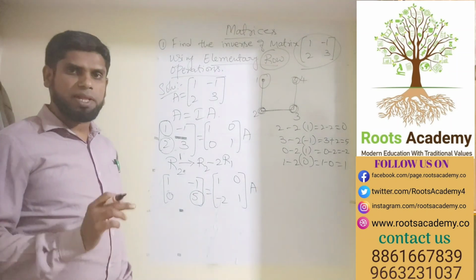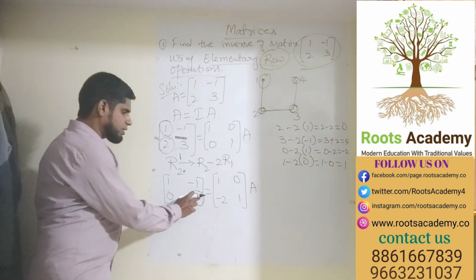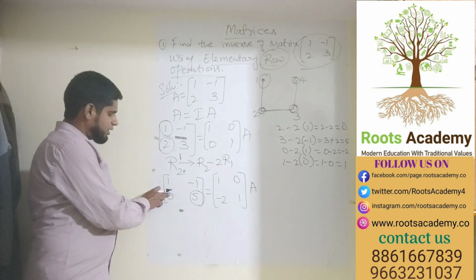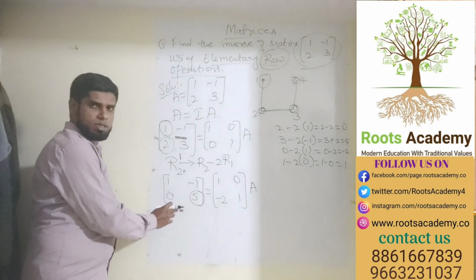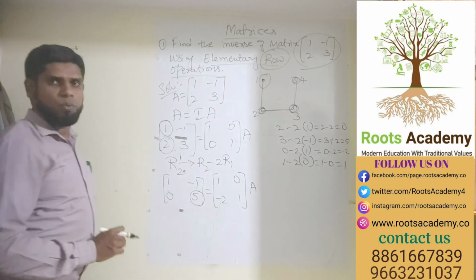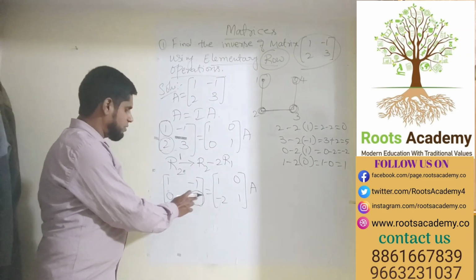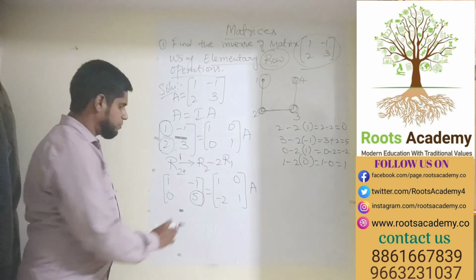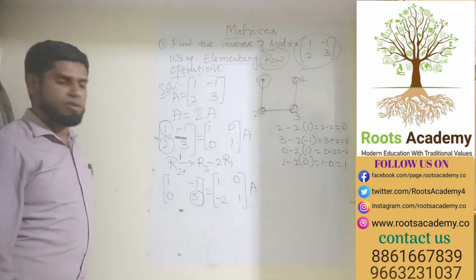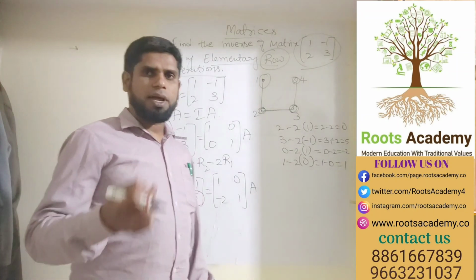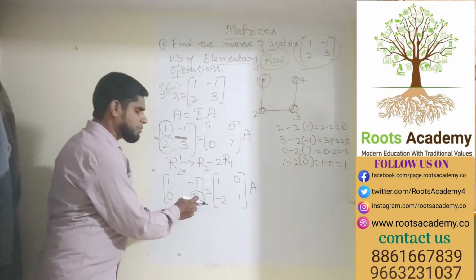Student, the best method to make this element 1 is, as long as this is not 0, we divide R2, that is the complete second row, by this number. Whatever number exists here, we will divide the complete row by this number. Easily we will get 1. Otherwise also there are many methods, but I suggest that this is the easiest method.